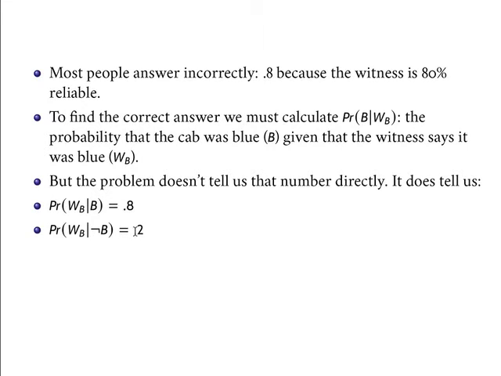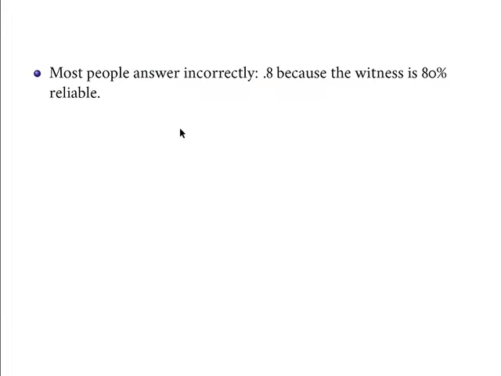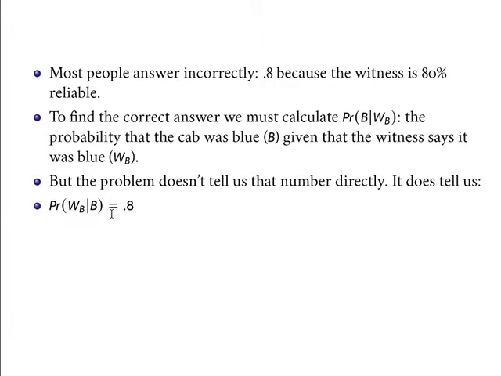And we know that because the probability that the witness will say it's green, given that it's green, is also 0.8. Green here is equivalent to not blue, because we assume that there are only two types of cabs in the city. So the cab has to be either green or blue. Not blue is the same as green, okay?